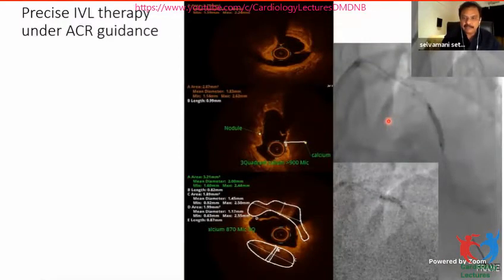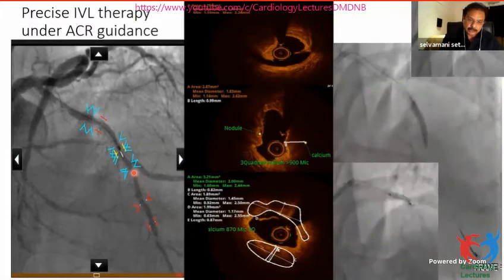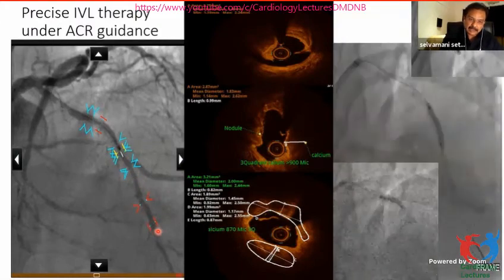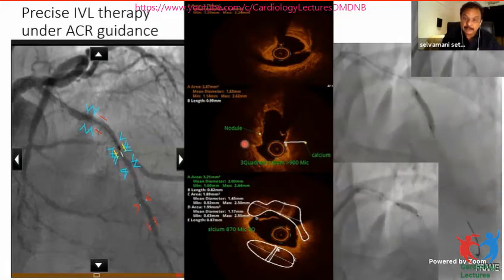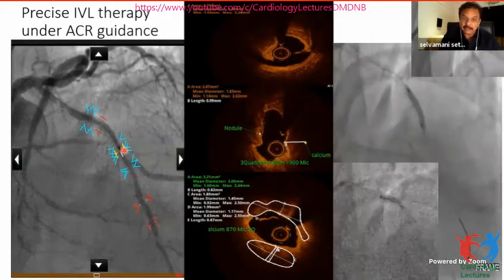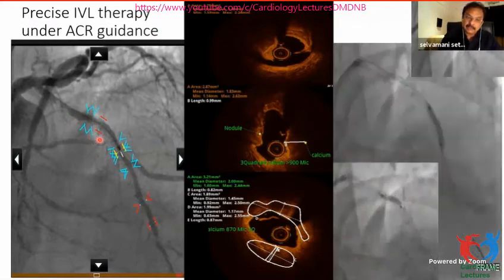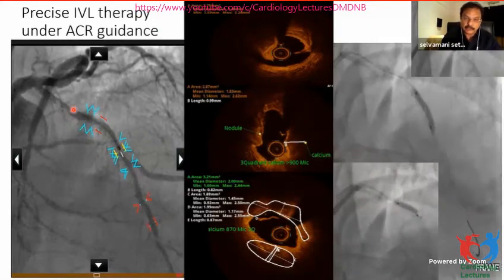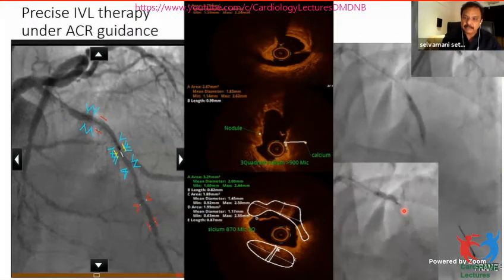So how we do IVL is, you do OCT, and now on the angio-co-registration, you mark the areas where there is thick calcium, where you need to concentrate, and especially something like a nodule where you might need to give more shocks. You mark it on the OCT in the angio-co-registration, and you select those spots and you give the IVL therapy here.